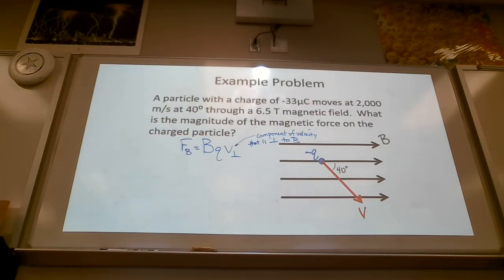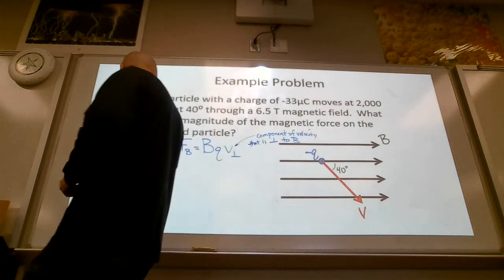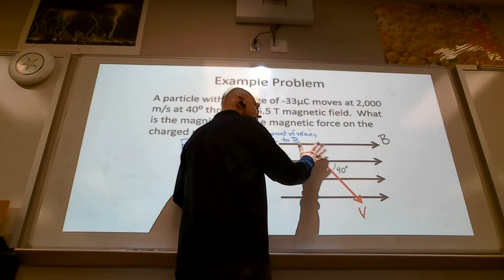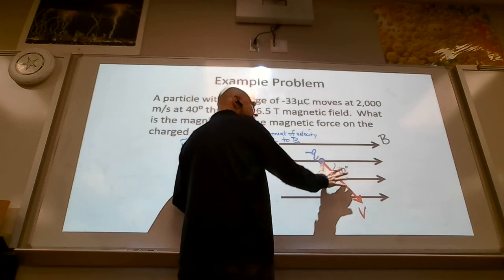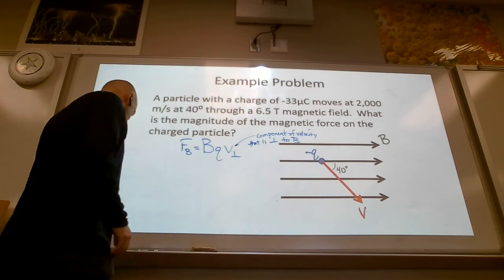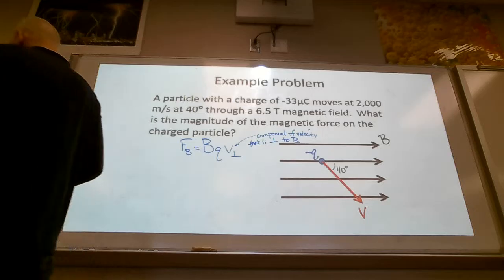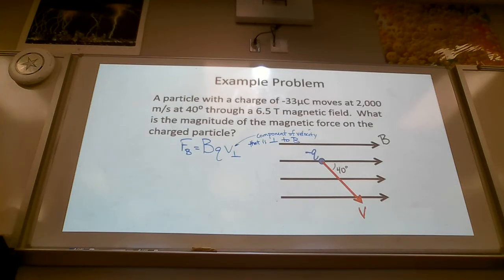Okay? So, is there a component of velocity? This is not three-dimensional. This arrow is in the plane of this board. So is there a component of velocity that is perpendicular to the magnetic field?